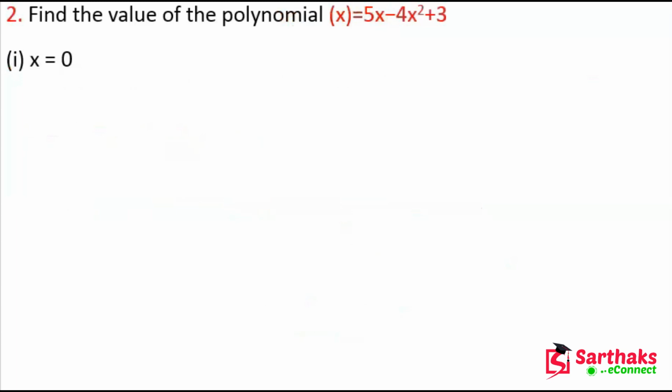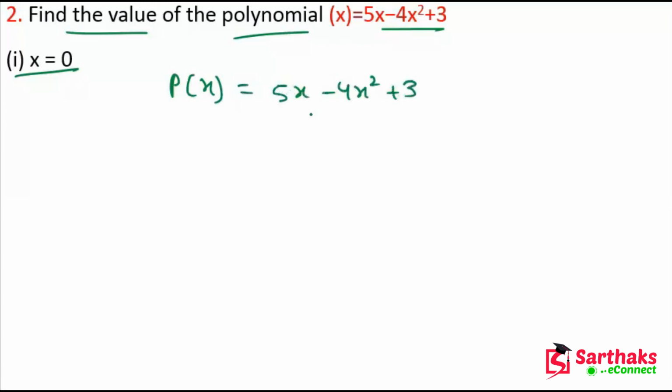The next question is to find the value of the polynomial 5x minus 4x square plus 3 at different values of x. In the first case, x is equal to 0. We have p of x equal to 5x minus 4x square plus 3.